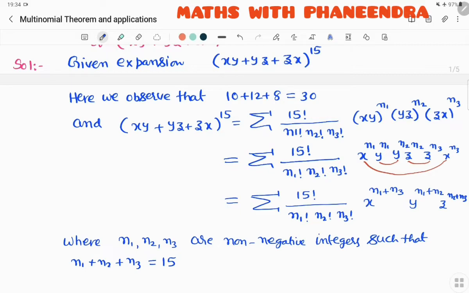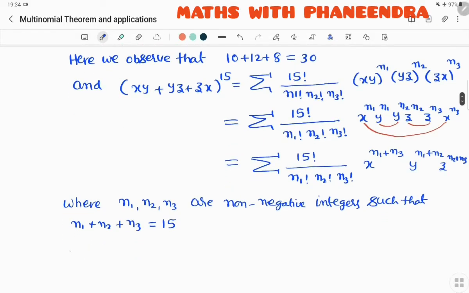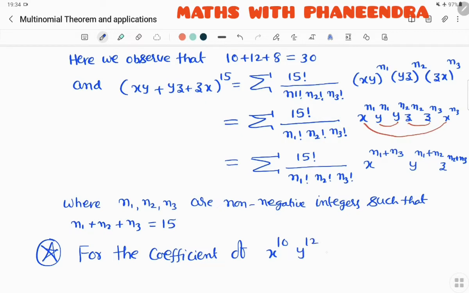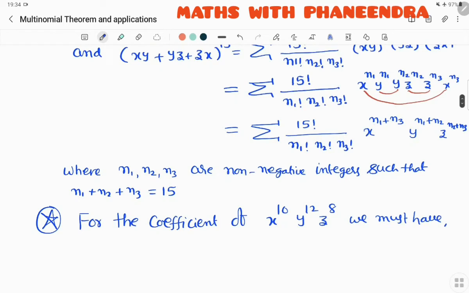So for the coefficient of, this is an important step, observe carefully, for the coefficient of x power 10, y power 12, z power 8, we must have, so that means the power of x here is n1 plus n3, so it should be equal to 10.